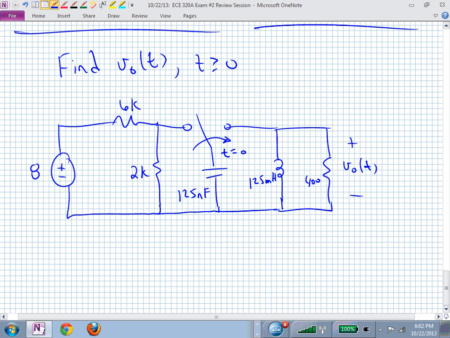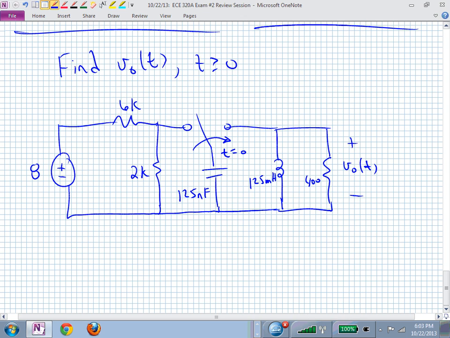And what's going to happen to that capacitor at t equals 0? Before t equals 0, what's happened? It's been in this position for a long time. We have a constant source. So it's just going to open up, isn't it?